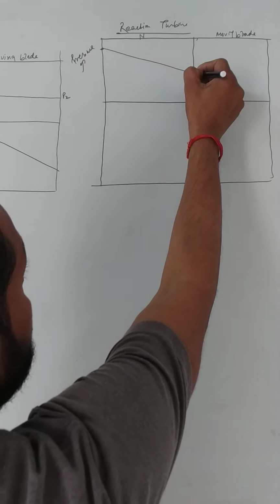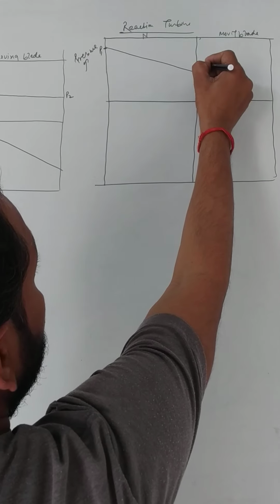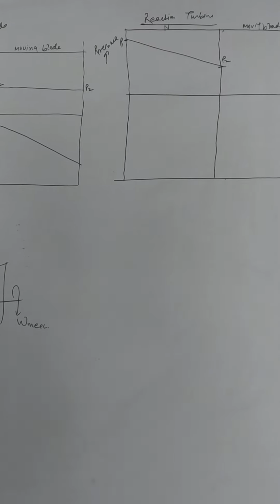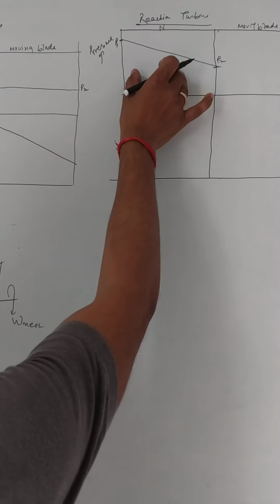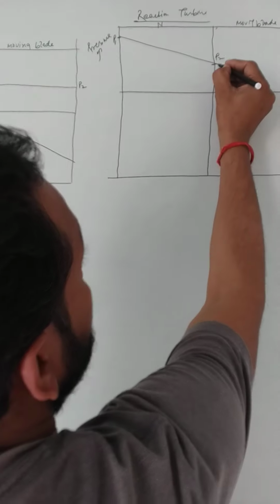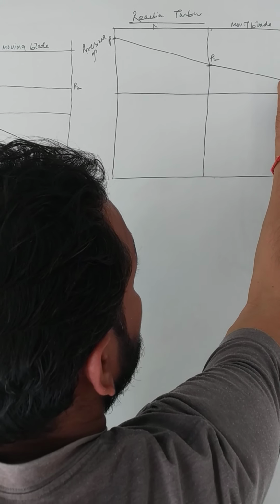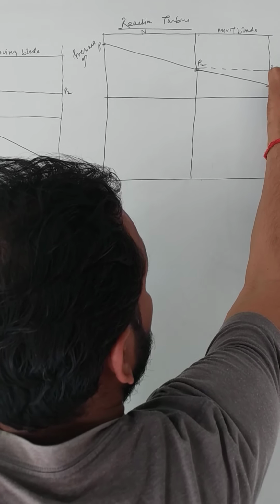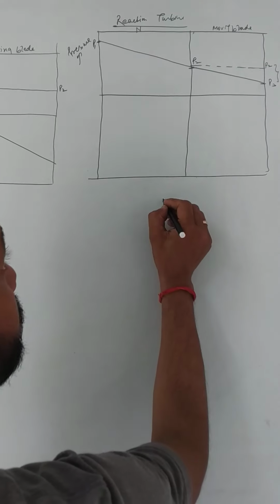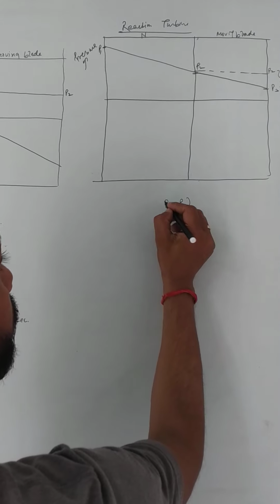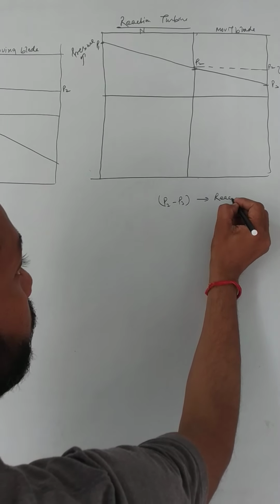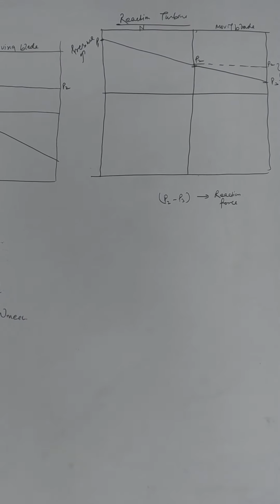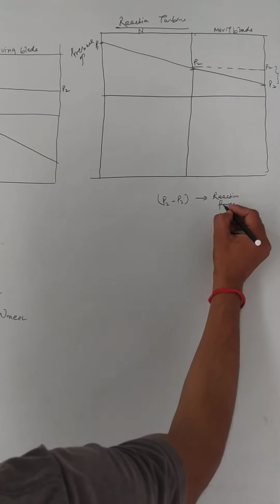There is a drop of pressure from P1 to P2 in the nozzle section, and you know very well that in a reaction turbine the pressure drop takes place in the nozzle section as well as in the moving blades. The pressure drop further takes place. This is P3, this is P2. This difference P2 minus P3 will give you a reaction force at the exit. That's why it is called a reaction turbine.